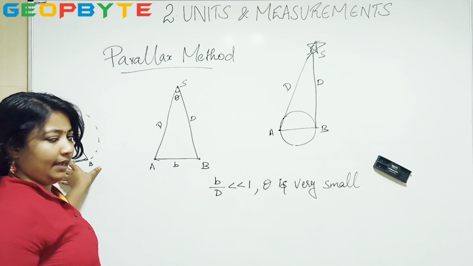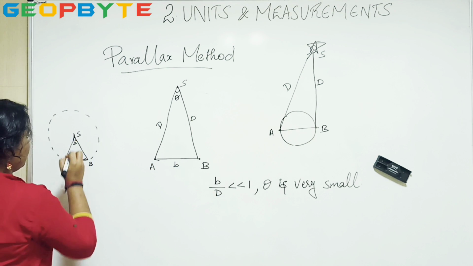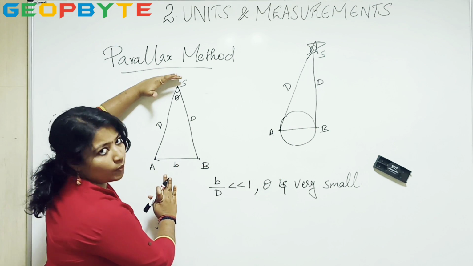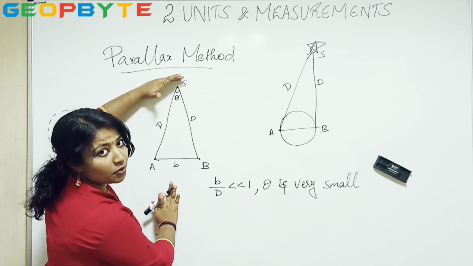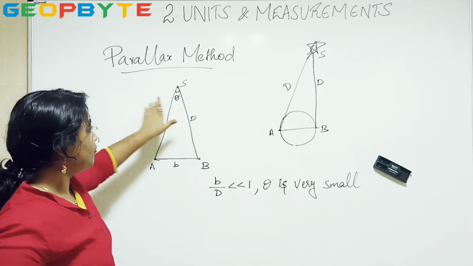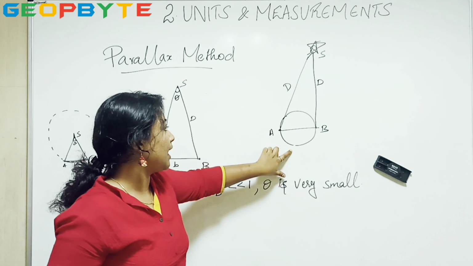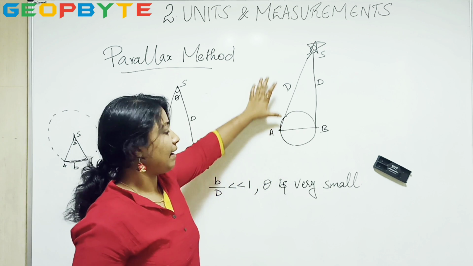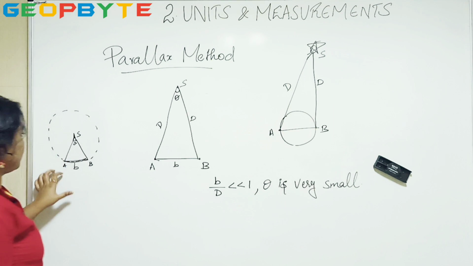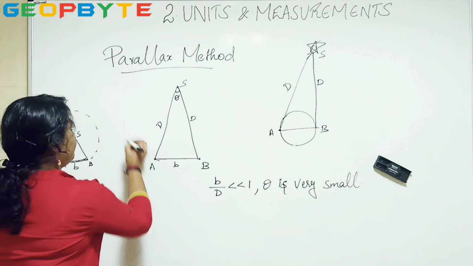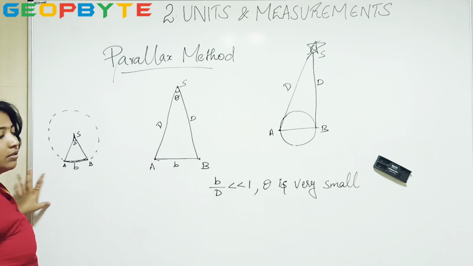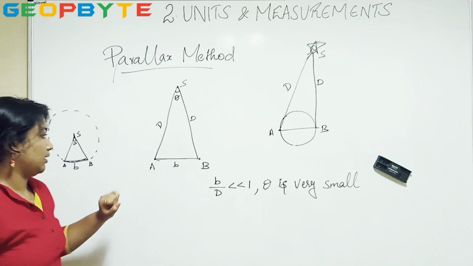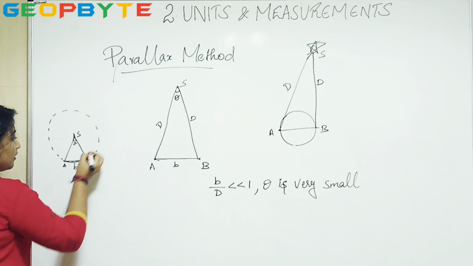In this case, these are not the same figures. This is the figure which we require, and in this figure we are doing all the calculations. For your understanding, I have drawn an Earth and a star. If you complete a circle like this, it will be an arc of a circle. So now we are considering it from here.